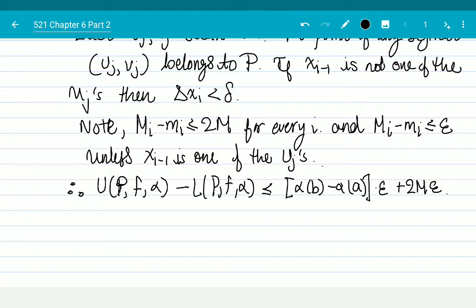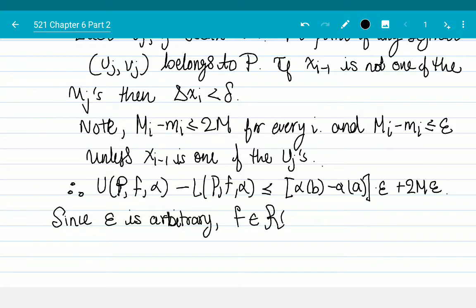Once again, since epsilon is arbitrary, if I want to show it smaller than epsilon, I can show it for epsilon prime, which is epsilon over alpha b minus alpha a plus 2M. And this shows that f belongs to R alpha.